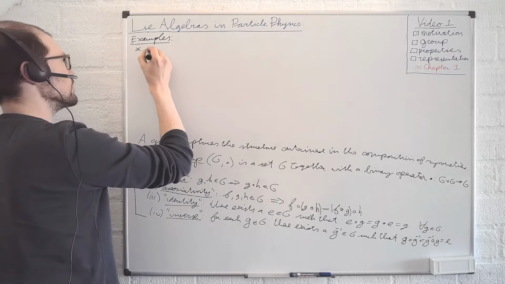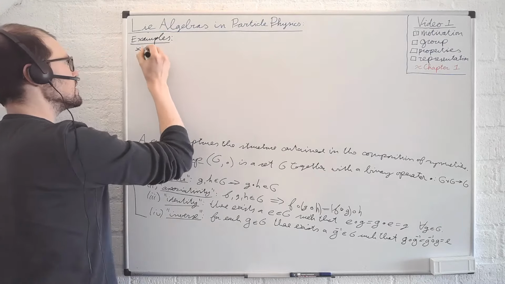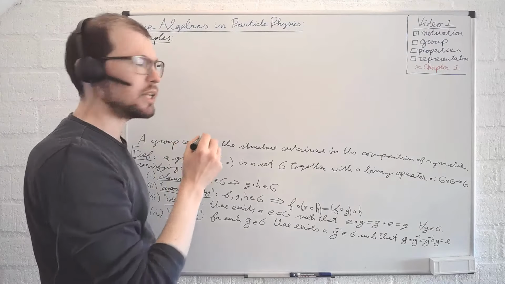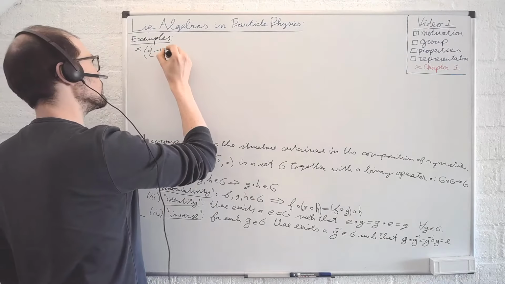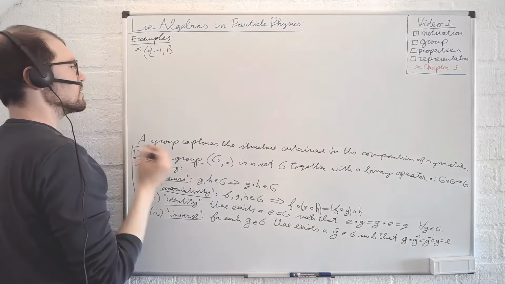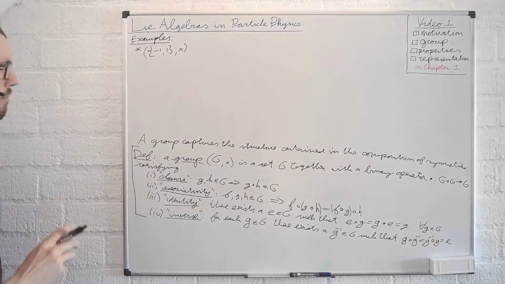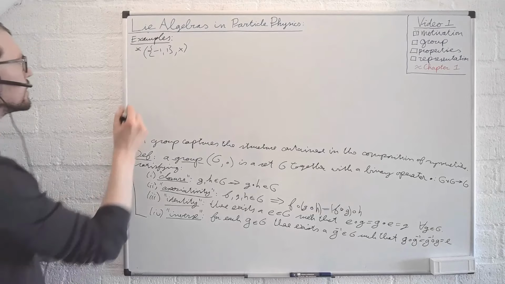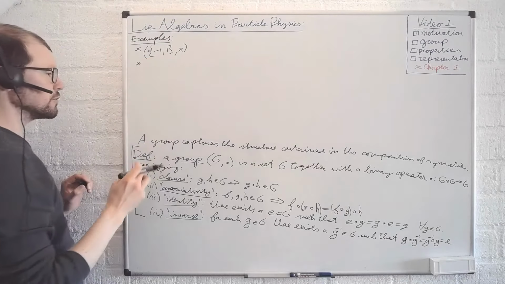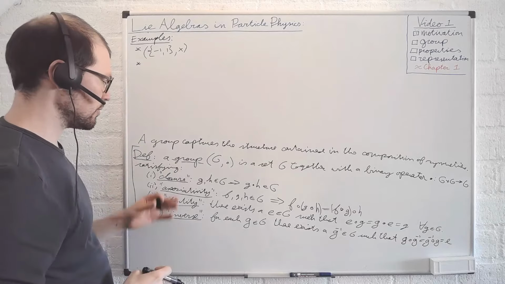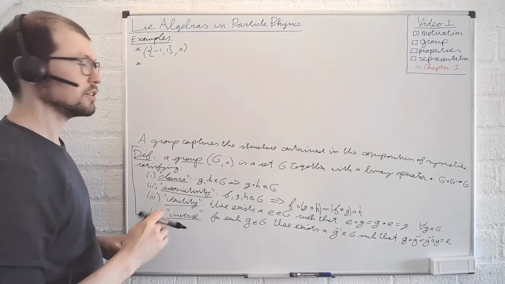Here's a very simple example. I take my set to have just two elements, say -1 and 1, and I take the binary operation to be multiplication. Let's just write down the examples first and then look at how they satisfy these axioms.